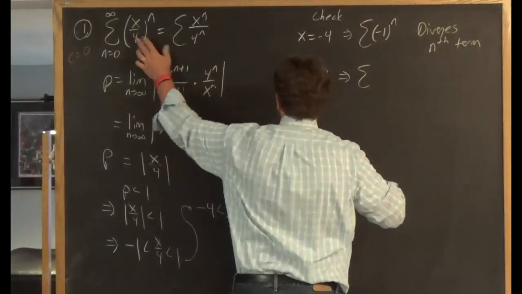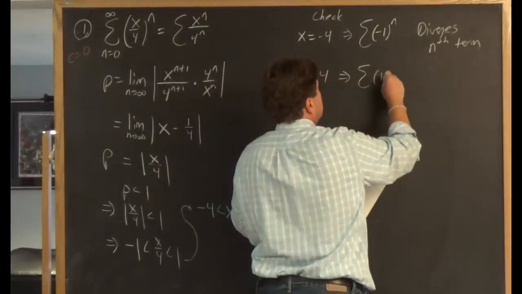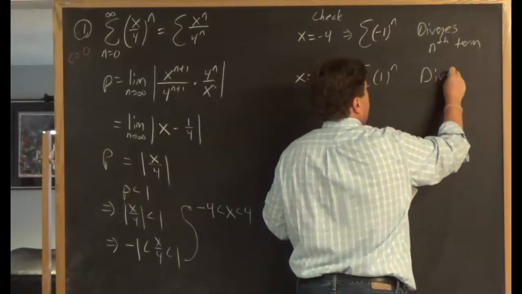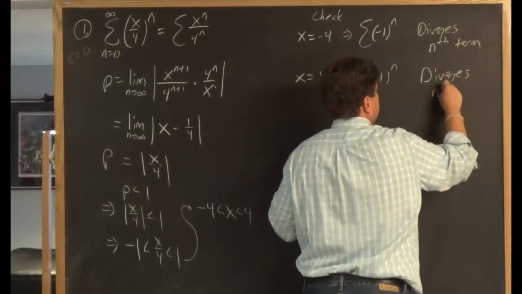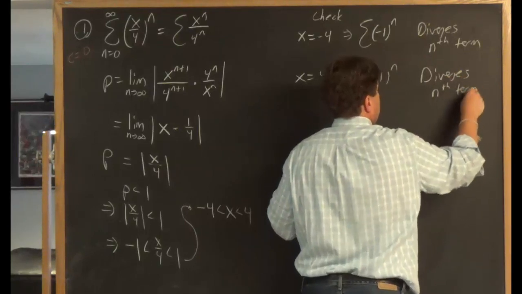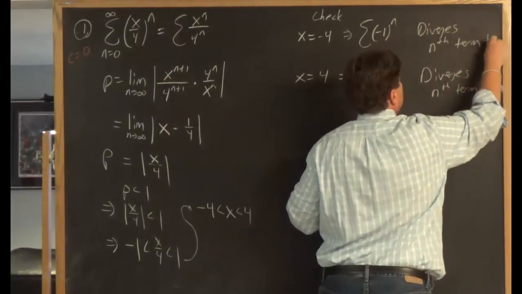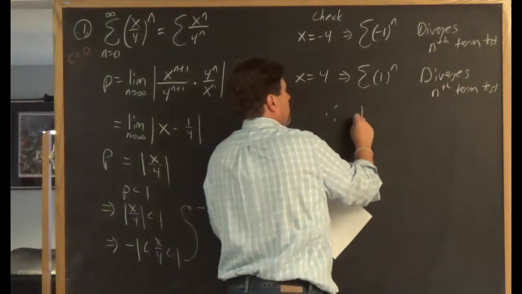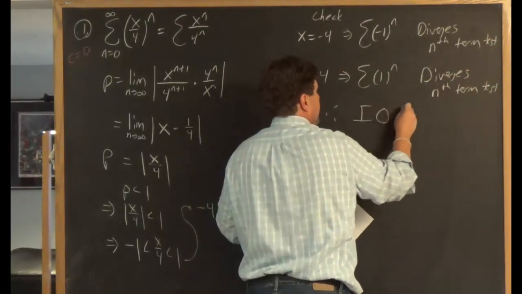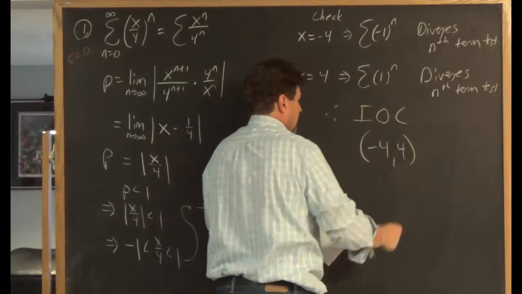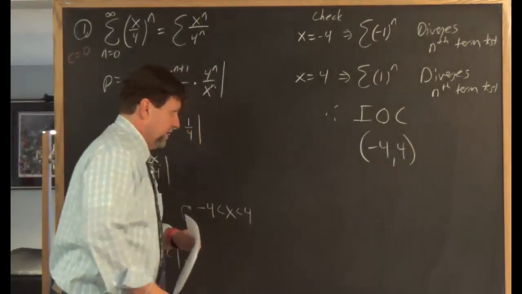So you put 4 in for the x, it gives you the series 1 to the n, or just 1. You know that diverges. The nth term test. So your interval of convergence, -4 to 4, parentheses around both.